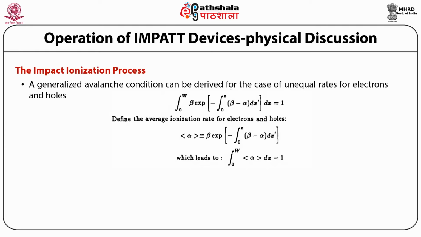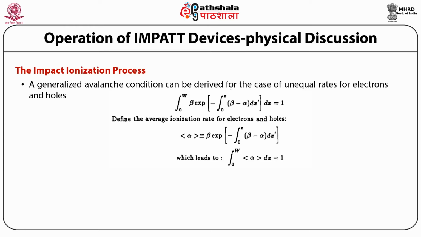So a generalized avalanche condition can be derived for the case of unequal rates for electrons and holes. That is, we can write the integral from 0 to W of beta multiplied by exponential of minus the integral from 0 to x of (beta minus alpha) dx prime, the integral over dx, equal to 1.